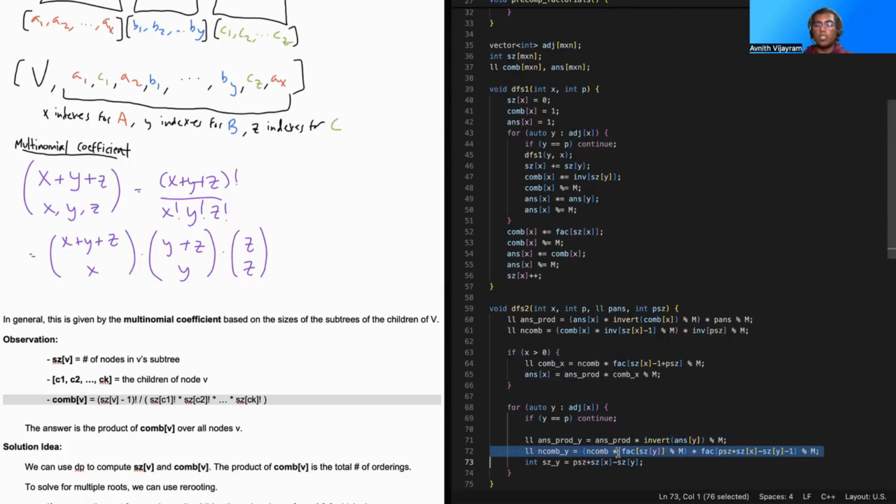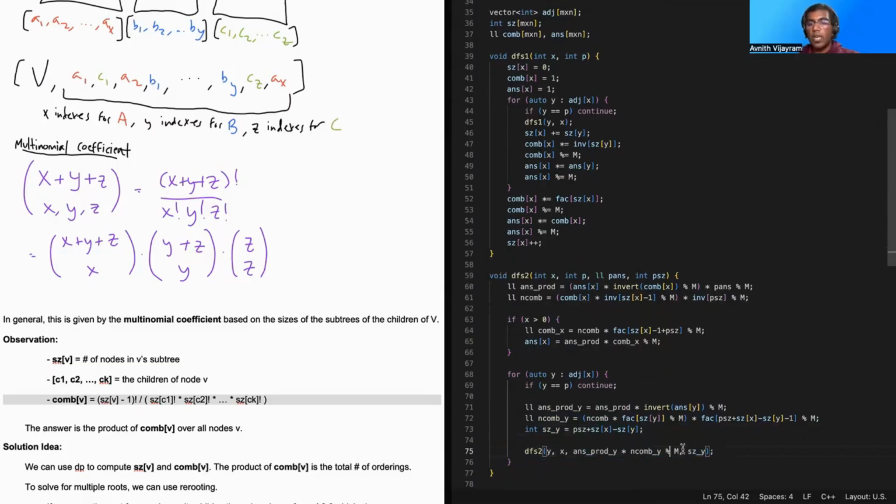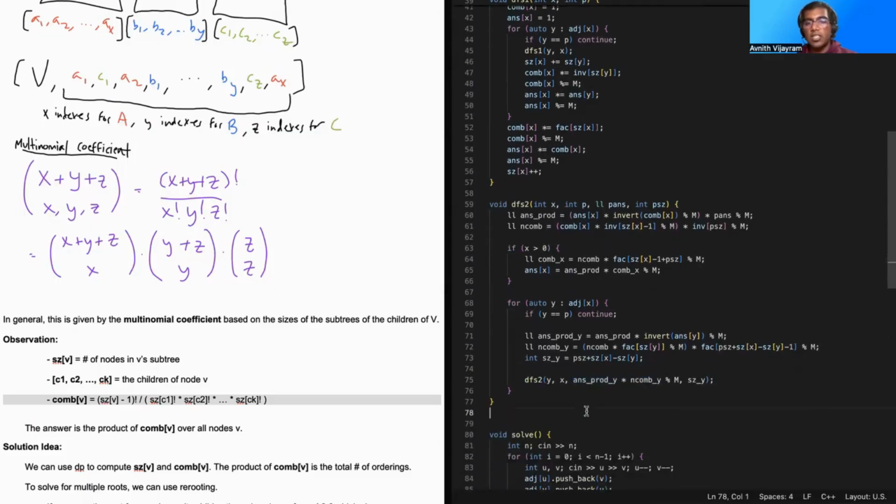If we move the root to Y, it'll become the parent. It'll no longer be the child, which is why we remove it from this combination. And we'll update the size of the subtree to include all the subtrees except the subtree at Y. And then with this, we're able to push these values into Y. And by repeating this process, we'll determine the answer for all nodes in the tree.